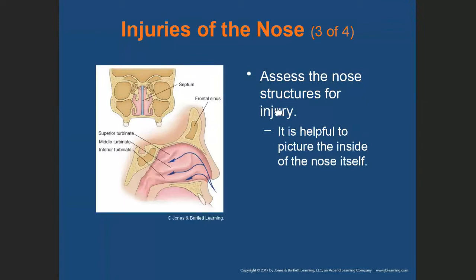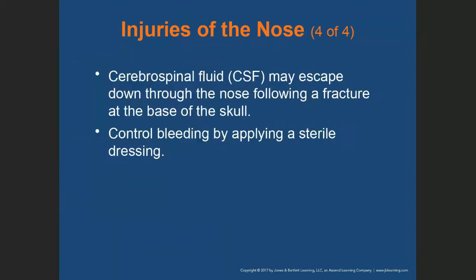Assess the nose structures for injury. It is helpful to picture the inside of the nose. Cerebrospinal fluid may escape down through the nose following a fracture at the base of the skull. Control bleeding by applying a sterile dressing.